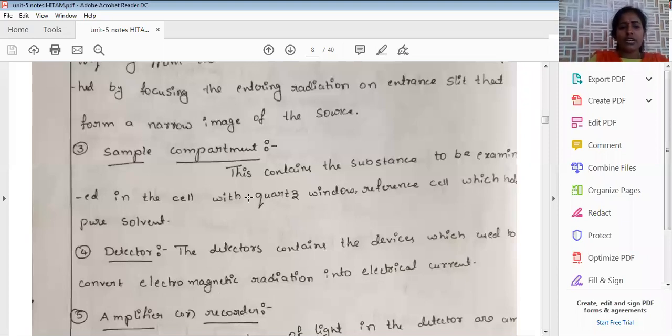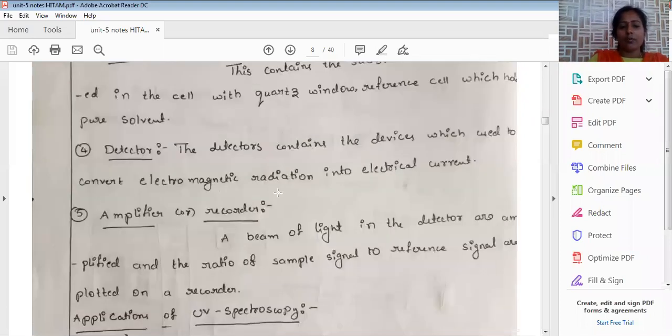Next is the detector. The detector contains devices used to convert electromagnetic radiation into electrical current. The signals obtained from the sample and reference compounds are gathered by the detector, where electromagnetic radiation is converted into electrical current.